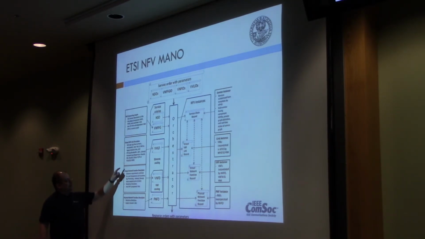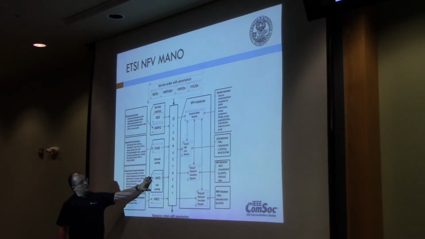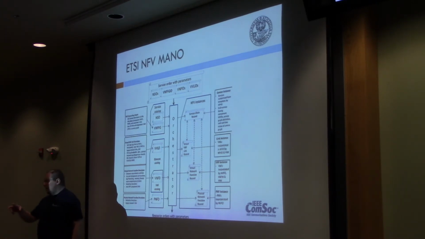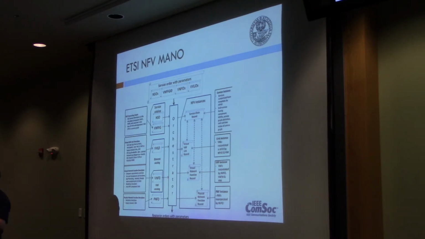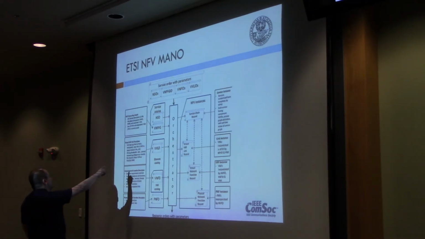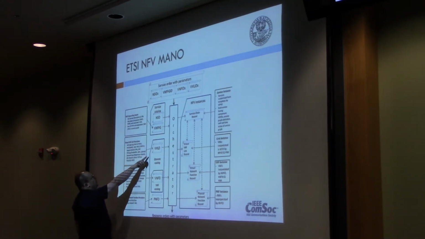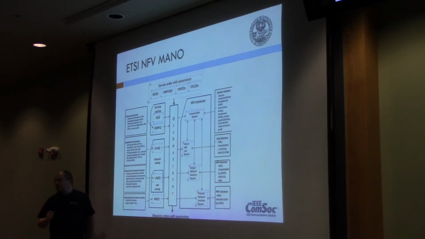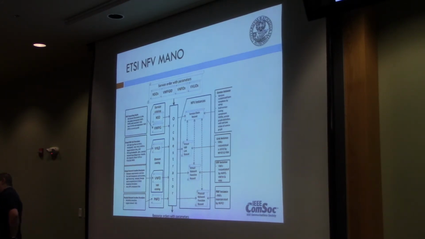Then, depending on what I need, I can have a virtual network function description, where I tell which network function from the catalog I want to deploy, but also a virtual network function link descriptor, so how I would like the links to behave.